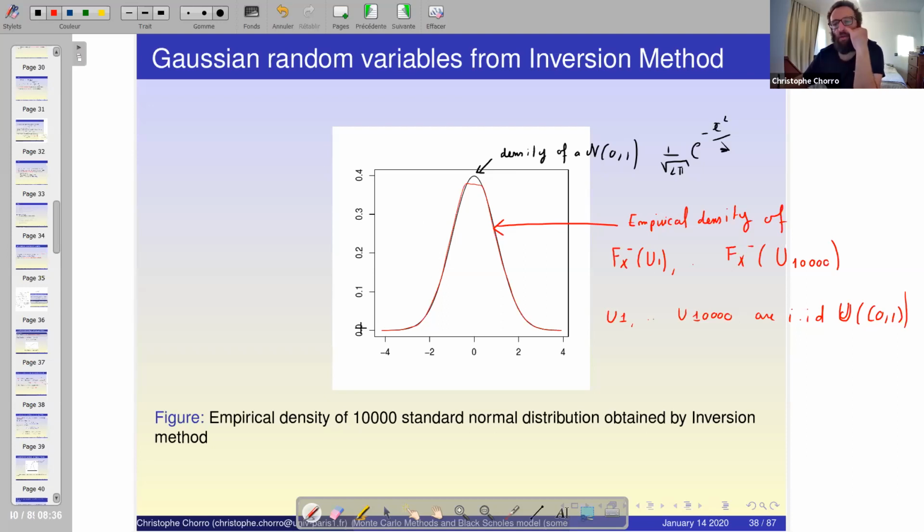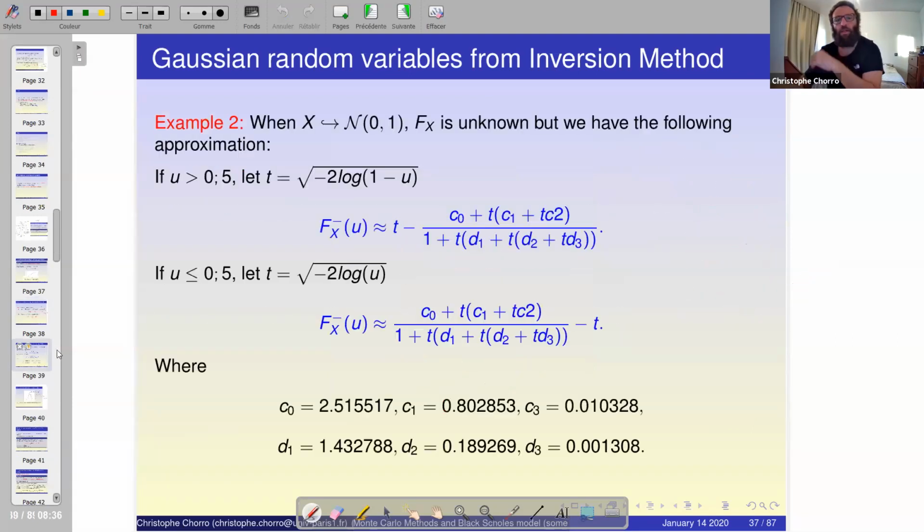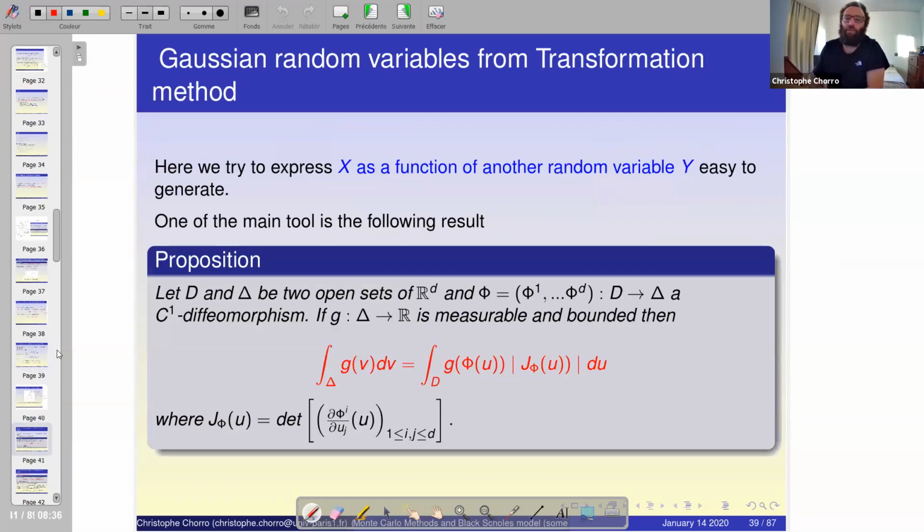So I won't discuss it too much, but it's possible, when I approximate F_X^{-1} for the Gaussian, to obtain an n-sample of a Gaussian from an n-sample of a uniform. This introduces the methodology we use in general in order to generate Gaussian random variables.